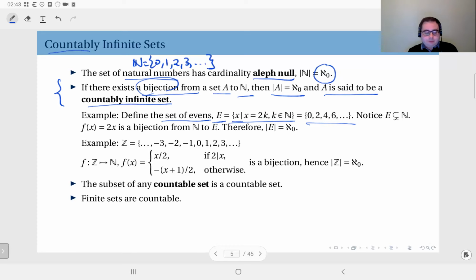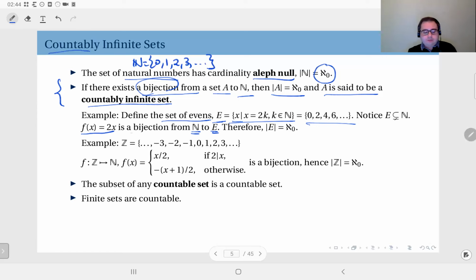But now look at this function: f(x) = 2x from the set of natural numbers to the set of even numbers. Since I'm defining a bijection, I know that it's invertible, so it's not really significant which set is the domain and which one is the codomain, because the function is going to be a bijection. It can go both ways. You can define its inverse.